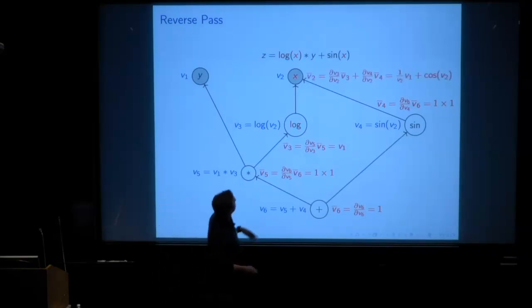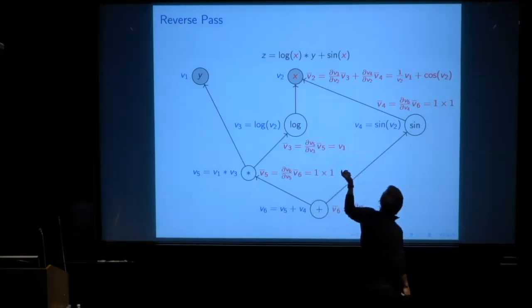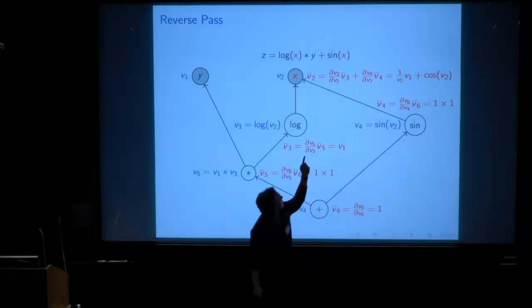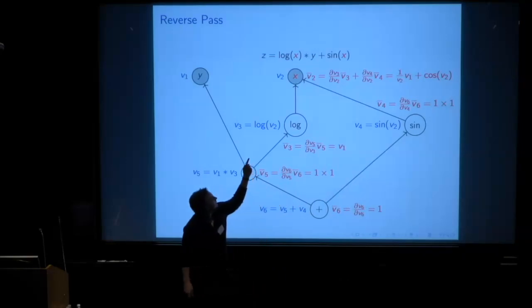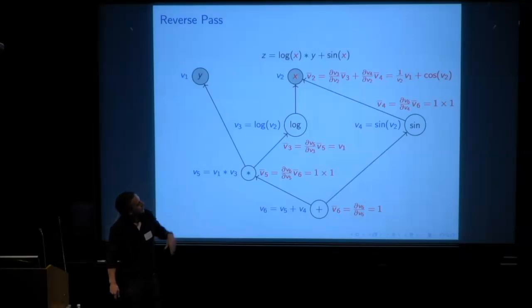And then here in V2, we have 2 child nodes. And so what we want to do is the partial of V3 with respect to V2. And that'll just be 1 over V2 and then times V1 because that's V3's adjoint there. And then we also do the right child node as well.